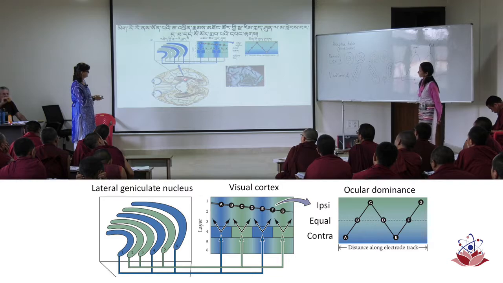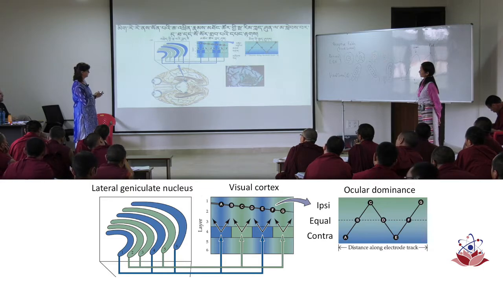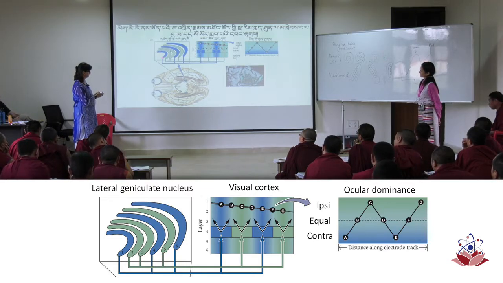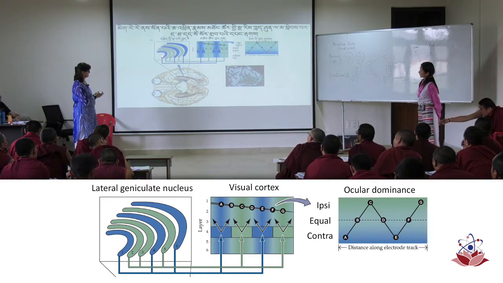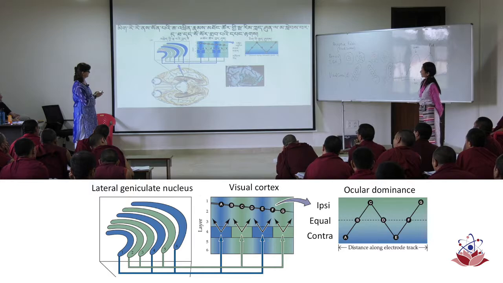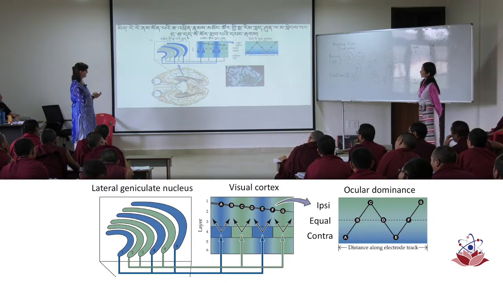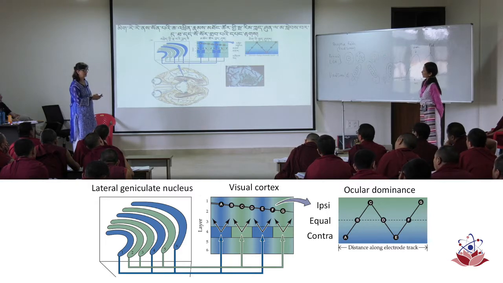So this LGN has 2 layers for magnocellular, and the first layer, layer 1, is providing input from the contralateral eye, and layer 2 is providing input from the eye on the same side, or ipsilateral eye. Contralateral, other side of the brain, ipsilateral, same side of the brain.